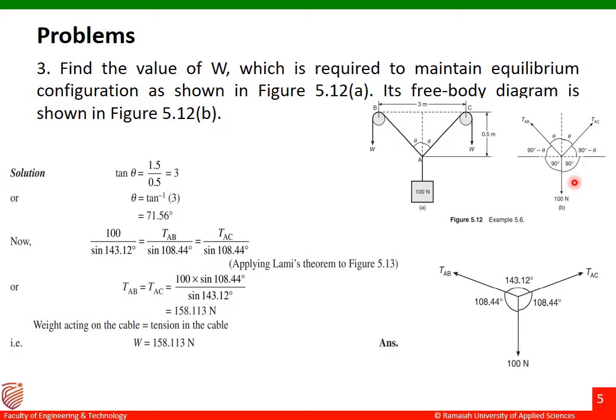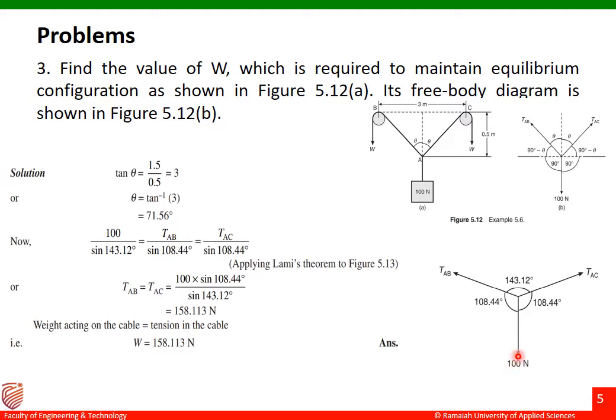The other side is what? The angle made by TAB and TAC, that is 2 theta. 2 into 71.56, you get 143.12 degrees. Now we know all three forces, and we know the angle made by the two forces. As there are only three forces, we can apply Lami's theorem.